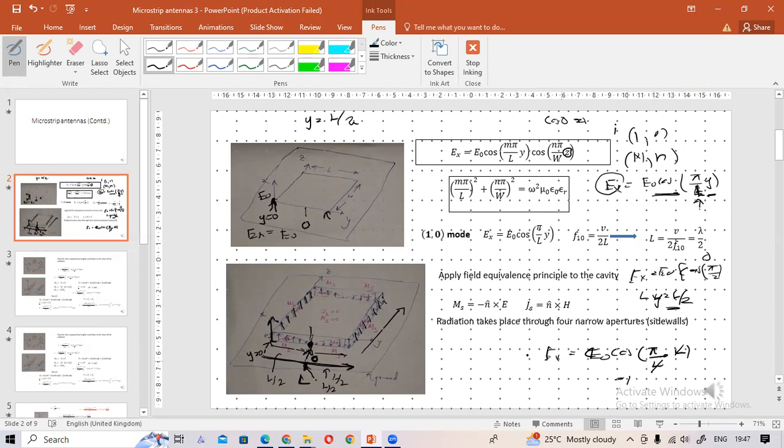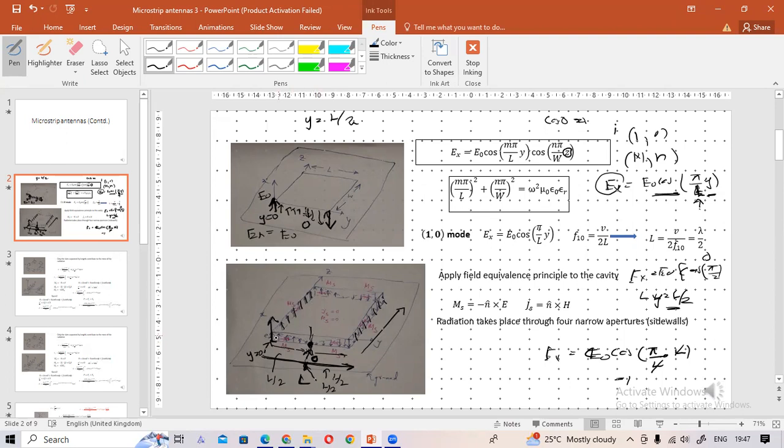It will be minus 1. So if the E field is in this direction, in this corner the E field will be in the opposite way. From here to here, the E field gradually decreases and comes to 0, and from here the E field is increasing, but in the other direction.